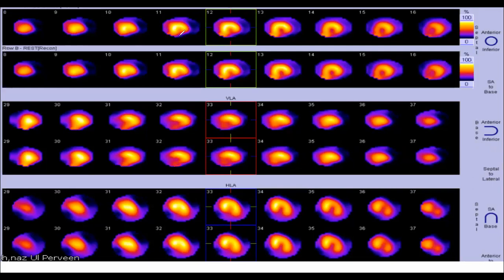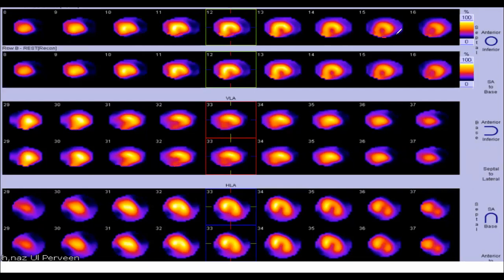It's at the mid cavity level, and at the basal level also. If it is at the mid cavity level and the basal level, how many segments is that? 2 segments. It's only in the inferior, no septal, no inferoseptal.